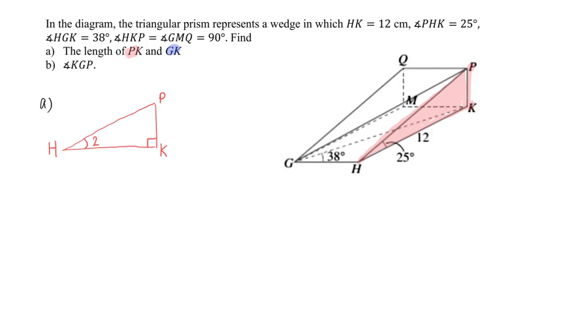So with that, I will then be able to solve it pretty straightforwardly using Toa, Ka, So. If I'm required to find my PK, which is the opposite side with respect to this 25 degrees, and 12 will be my adjacent side, O and A, I am going to use the tangent ratio.